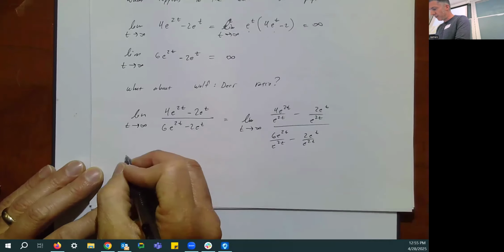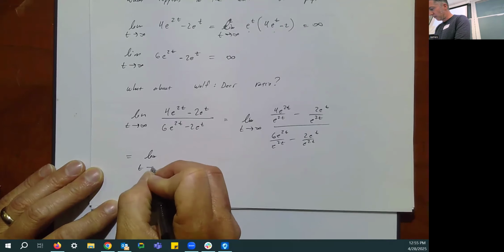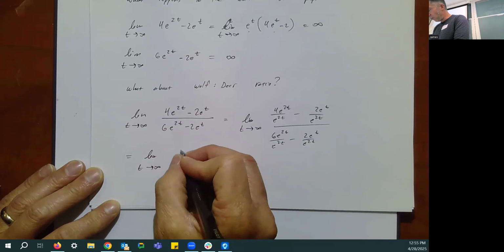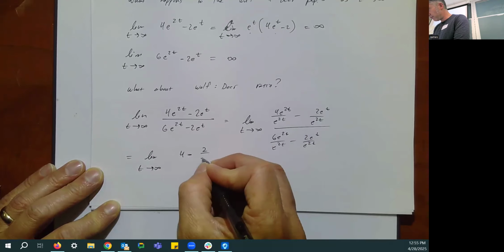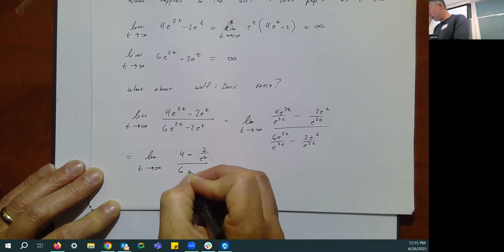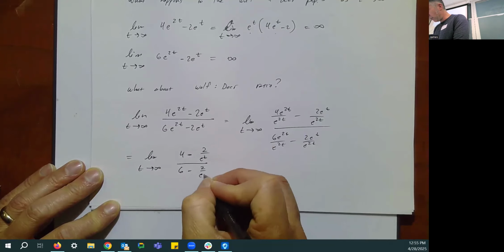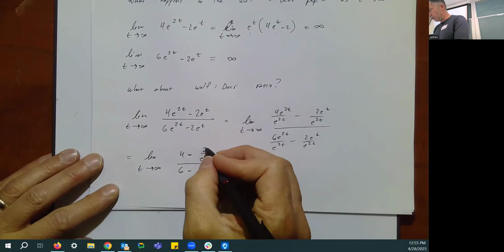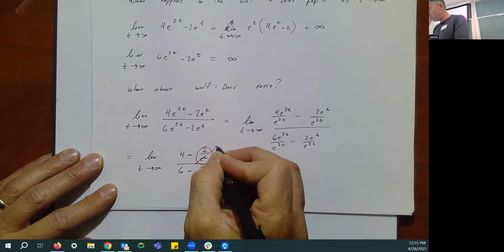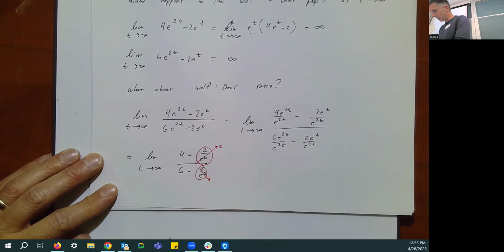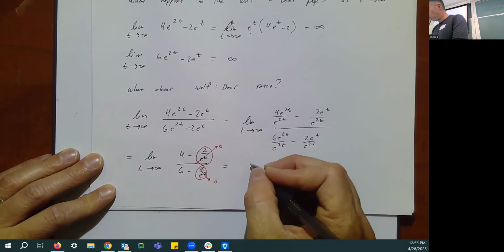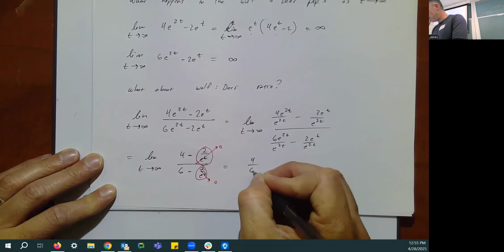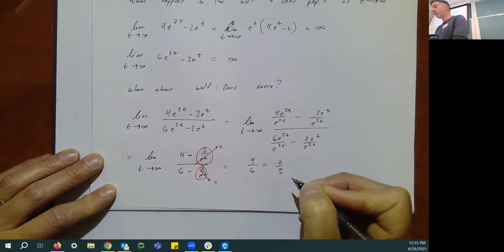If we rewrite that, we get the limit as t goes to infinity of 4 minus 2 over e to the t, over 6 minus 2 over e to the t. The 2 over e to the t terms get really, really small. And so our ratio of wolves to deer is 4 to 6, or 2 to 3.